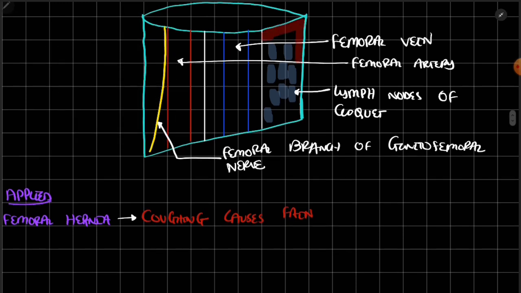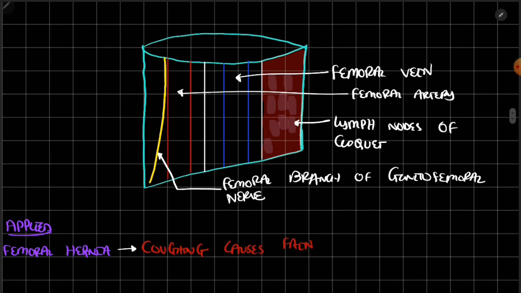This area, the medialmost compartment, is the site of femoral hernia, and it is also known as the femoral canal.